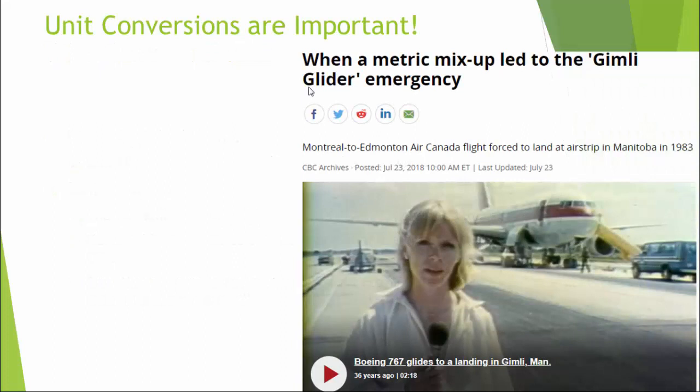Now, unit conversions are important in terms of their accuracy. So I've got a few examples here of when things didn't go so well with converting units. Back in 1983, a Boeing 767 took off from Montreal, and unfortunately, the crew put less than half the amount of fuel they were supposed to into the jet.